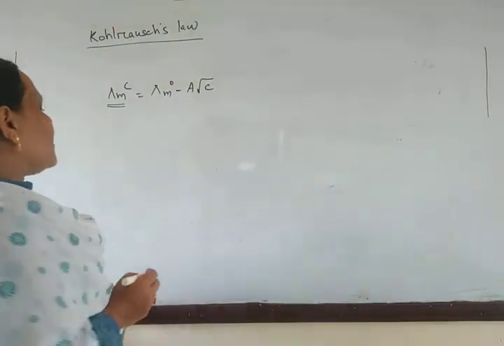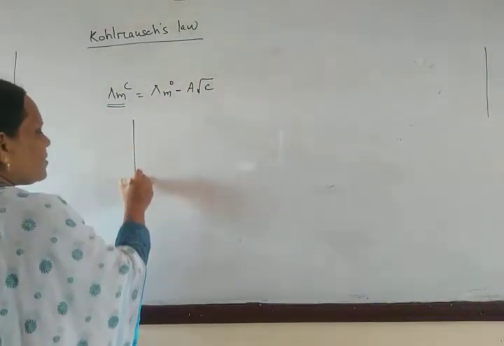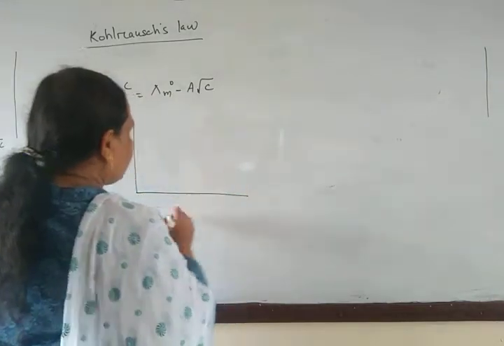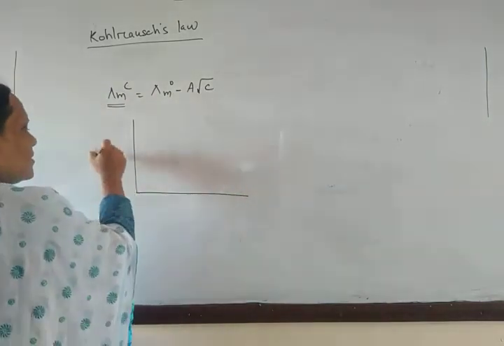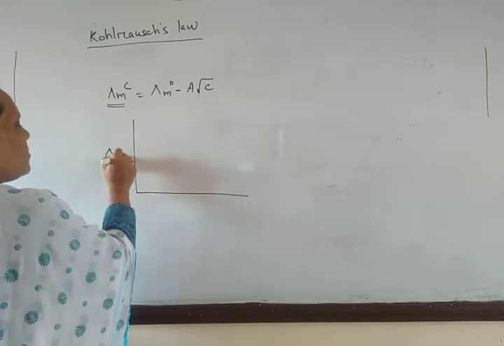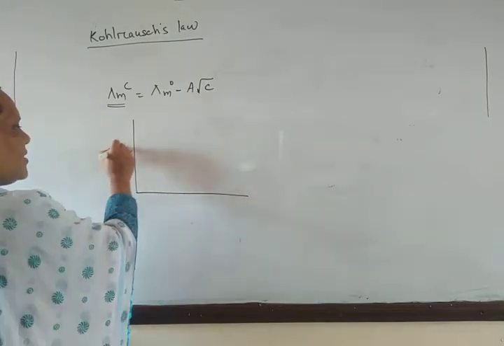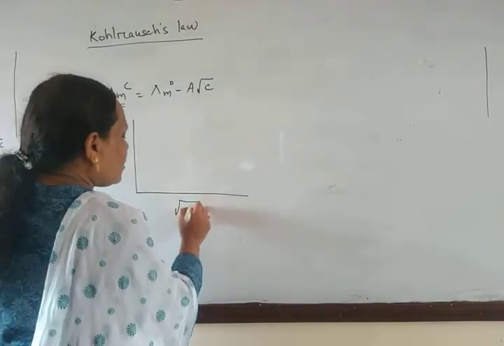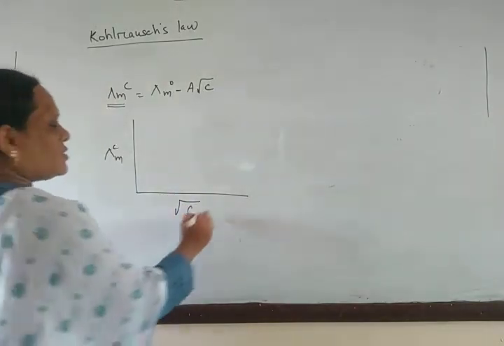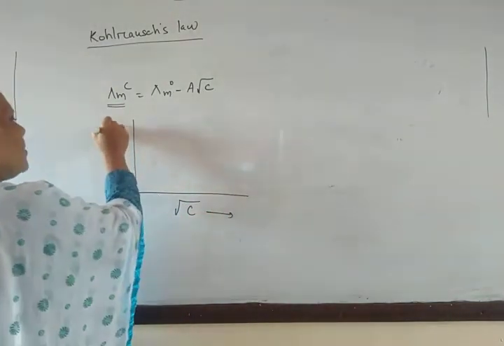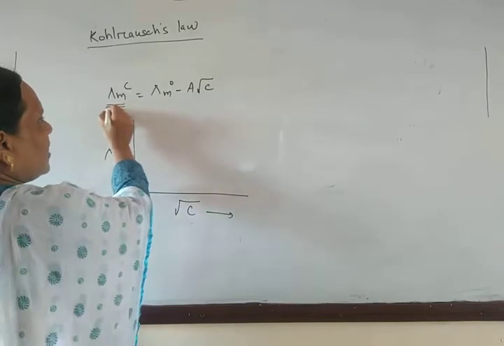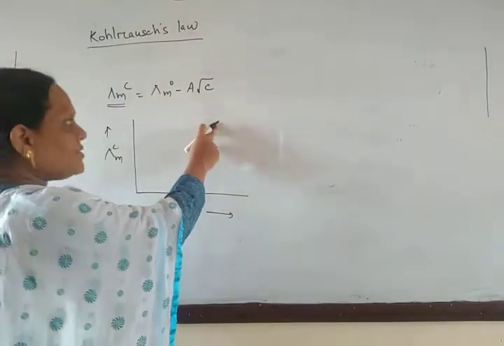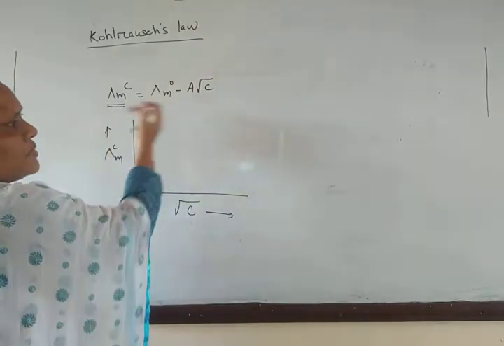Experimentally, when the molar conductance lambda m of an electrolyte is plotted against the square root of the concentration, what happens? For a strong electrolyte, it gives a straight line like this. So you know the y equals mx plus c system.